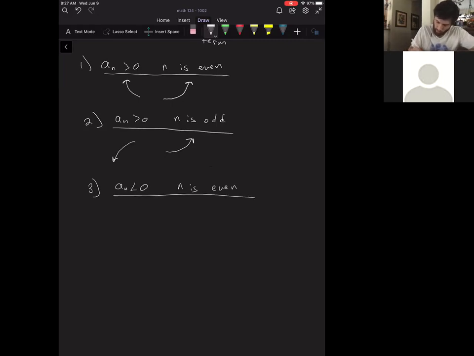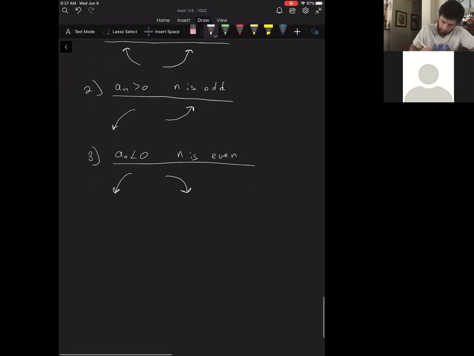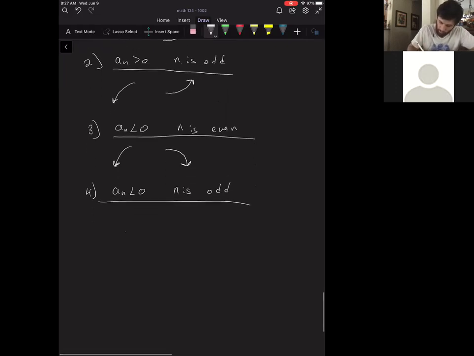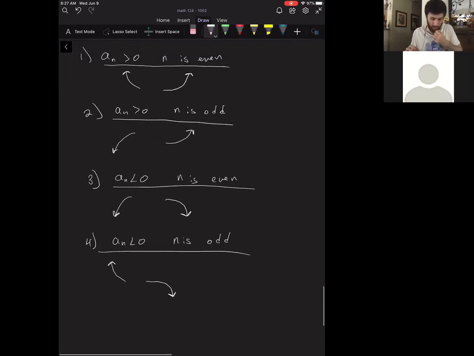Here we are going to have down and down. And then the last case, a_n is negative and n is odd. We are going to have it move up on the left-hand side and down on the right-hand side. So these are the only 4 types of end behavior.